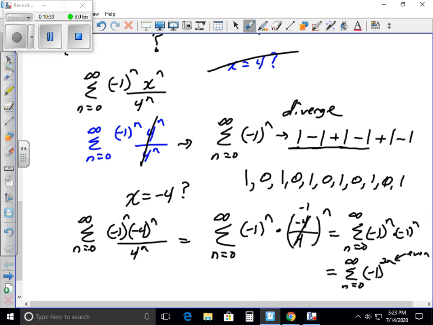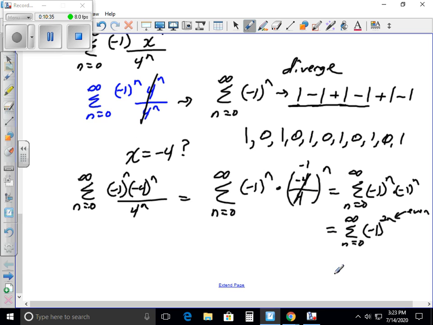Anytime we double a number, we get an even value. If we raise a negative number to an even power, it's always going to be positive. So when we put a 0 in, we get 1. When we put a 1 in, we get an exponent of 2, so that's 1. And then 1, and 1, and 1.